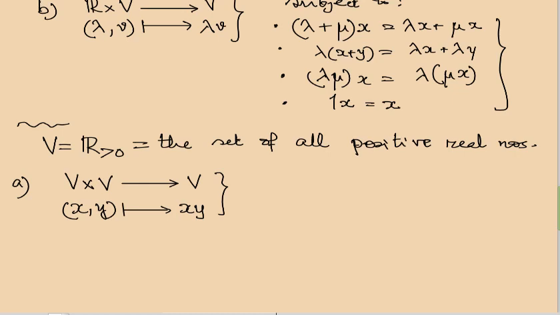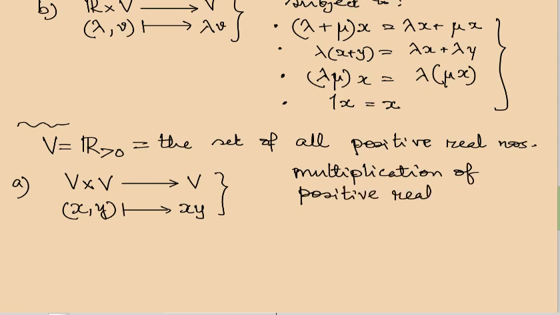Obviously, since multiplication of positive reals is commutative, we know this from childhood. It's associative.